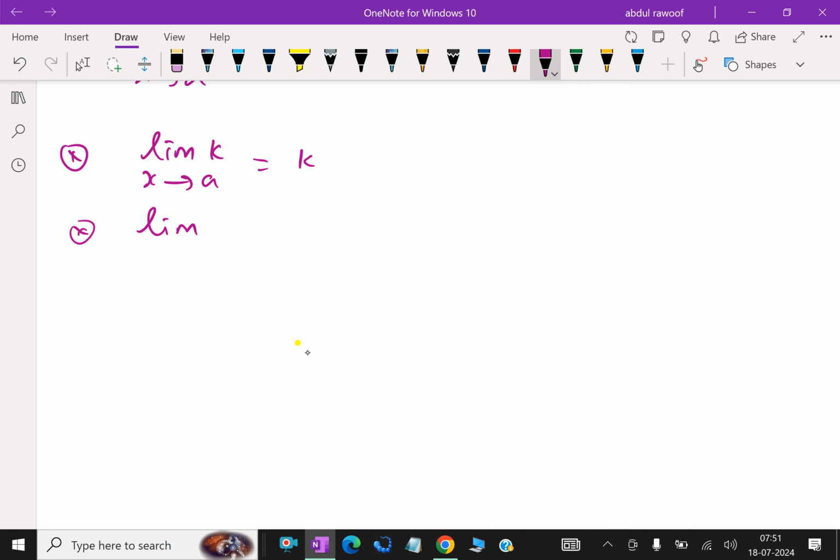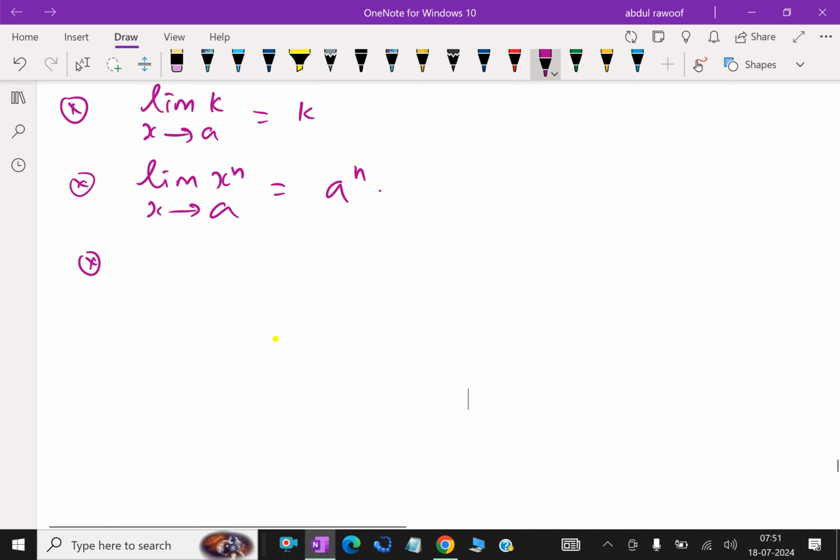Limit of x to the power n as x tends to a gives a to the power n, because we are substituting a into x to the power n.